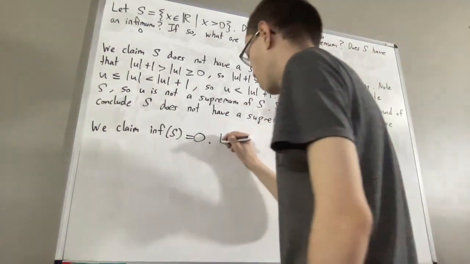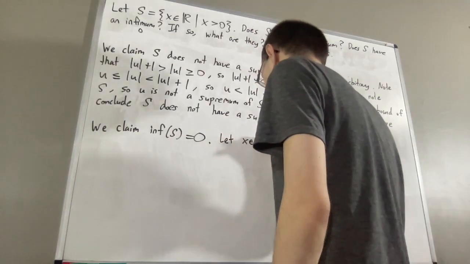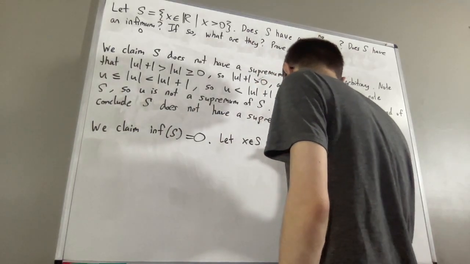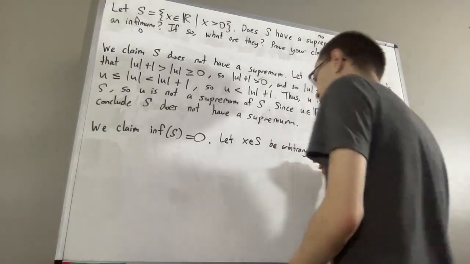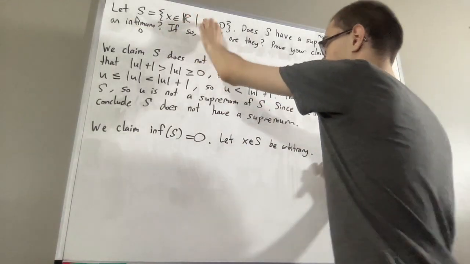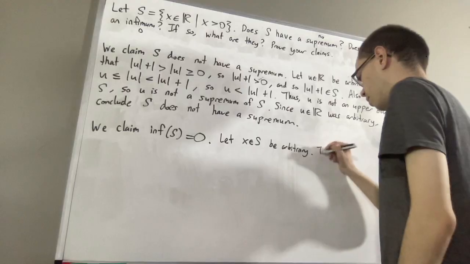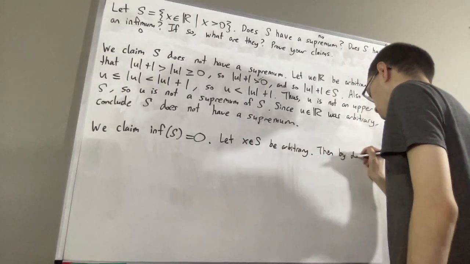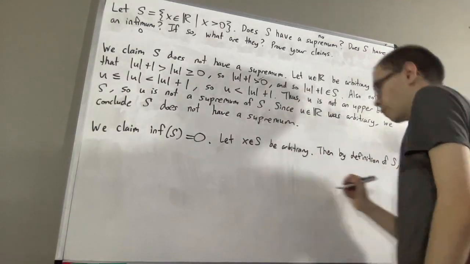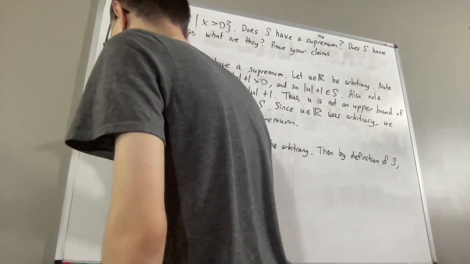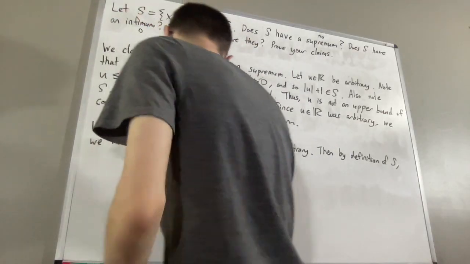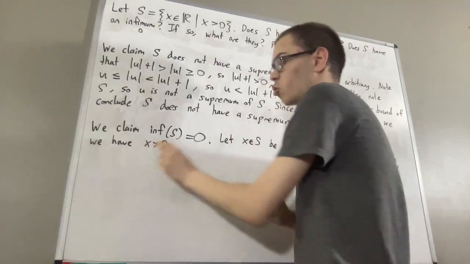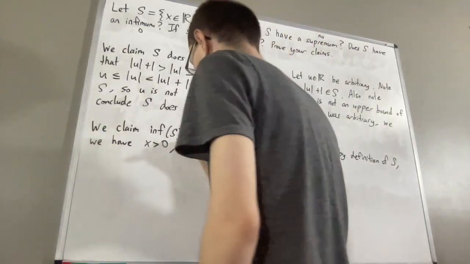So let's give ourselves an arbitrary x in S. Well, then by definition of S, this means x is a real number such that x is greater than 0. But since x is greater than 0, that means x is greater than or equal to 0.